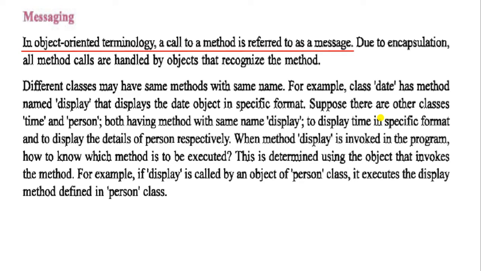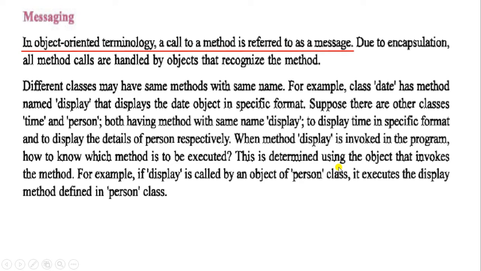So there are three classes, date, time and person, each having a method with the same name display, and we can call it from all the classes. With the same name we can call all the classes: display time in a specific format, and display the details of a person respectively. When the method display is invoked in the program, how do we know which method is to be executed?